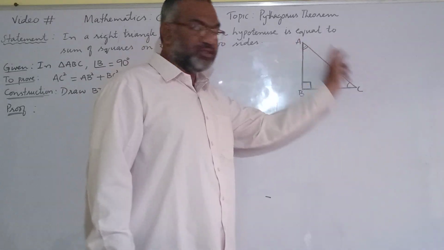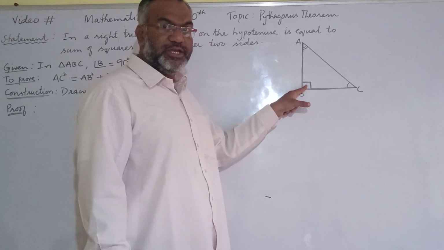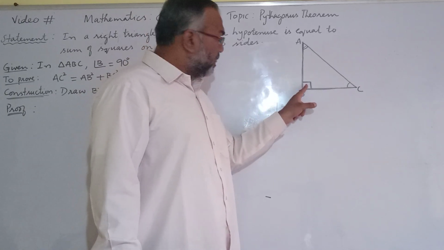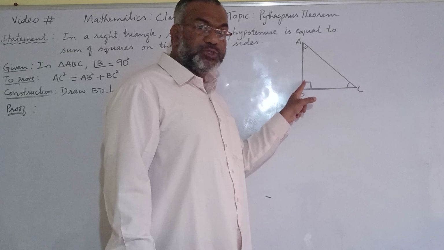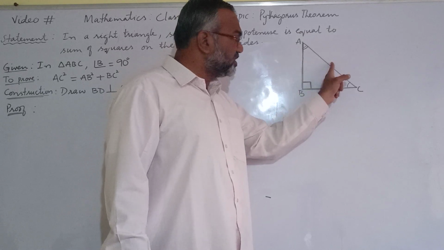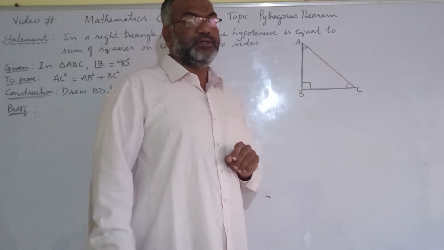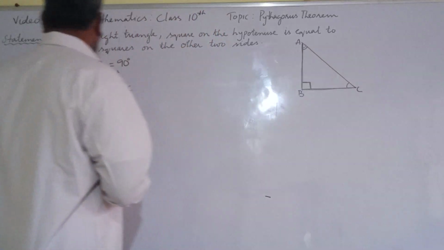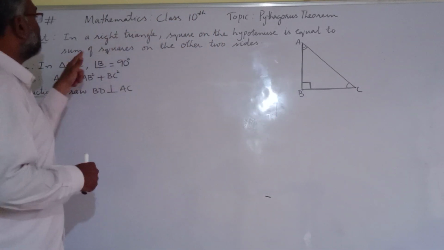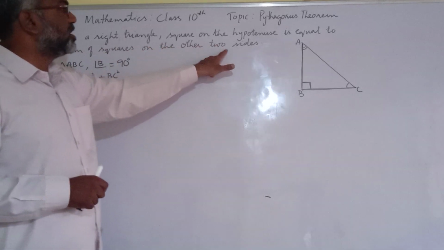So here in this triangle, here is 90 degrees. The side opposite to this 90 is AC. So AC is the hypotenuse here. The square on the hypotenuse is equal to the sum of squares on the other two sides.